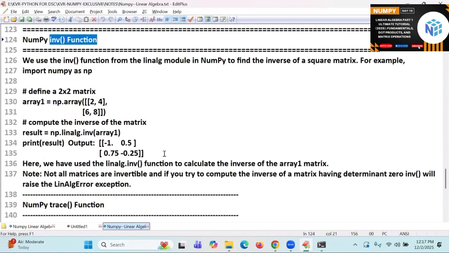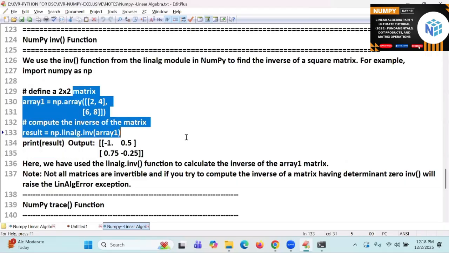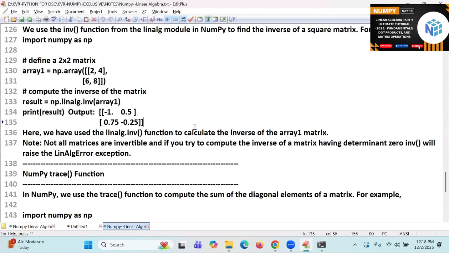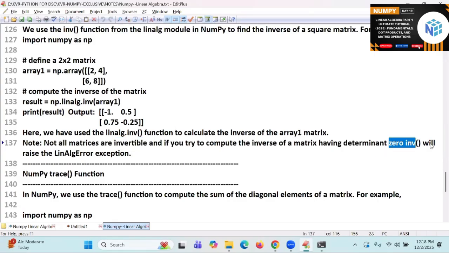Inverse function is also there. An inverse function for 3 by 3, you work on it. Still, if you want to listen from me, I will explain that also. Here also, note that not all matrices are invertible. If you try to compute the inverse of a matrix having determinant 0, inverse will raise a LinAlgError, same. Because this inverse is used in solving equations.